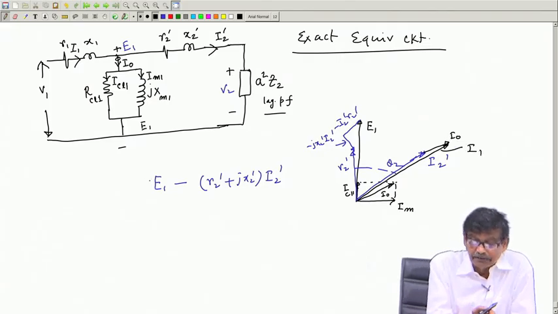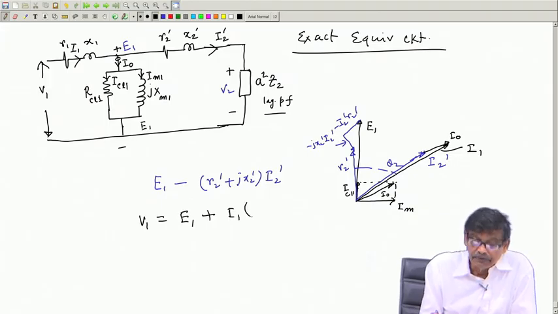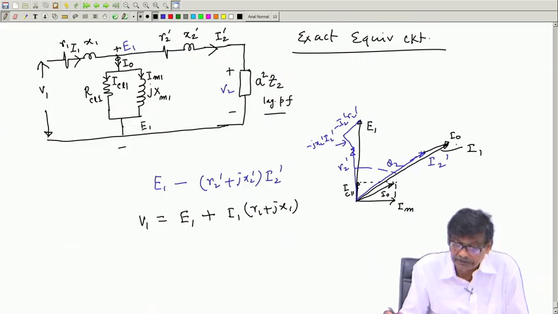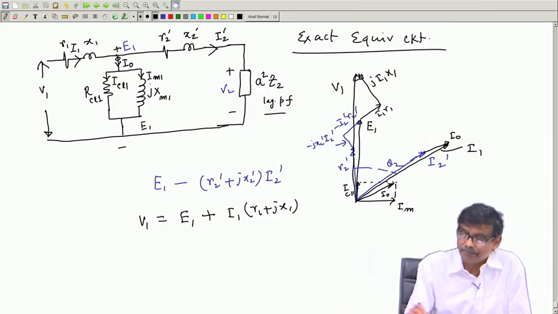I am looking for where is my V1. V1 is nothing but E1 plus I1 into R1 plus jX1. I have got I1, I know E1, therefore I1R1 parallel to I1, plus jI1X1, and this you add, you will get V1.